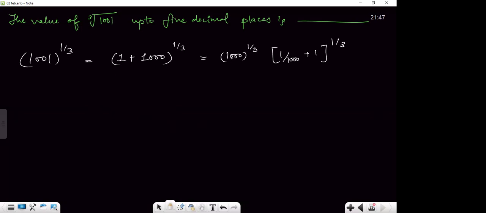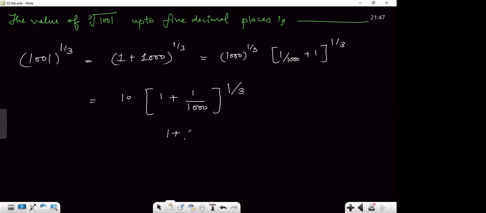1000 is like, we know 10's cube is 1000. So cube root of 1000 is 10 only. So it's 10 into 1 plus 1 by 1000 raised to 1 by 3. So let's write it as 1 by 1000 only. Now here we can apply that particular formula.